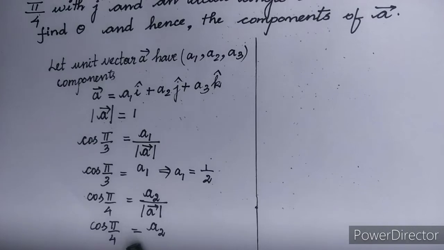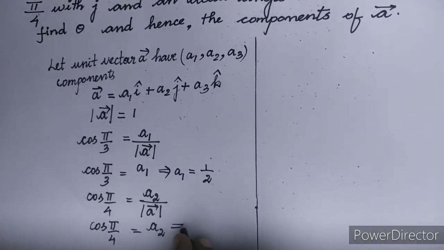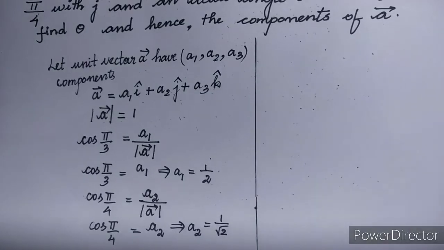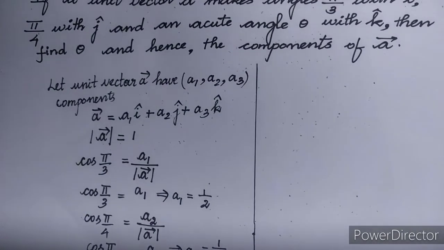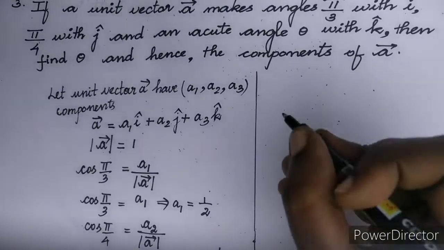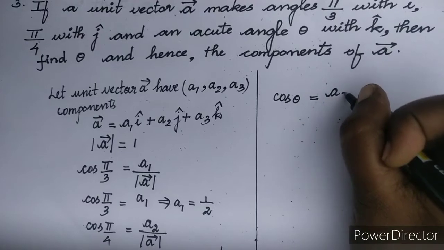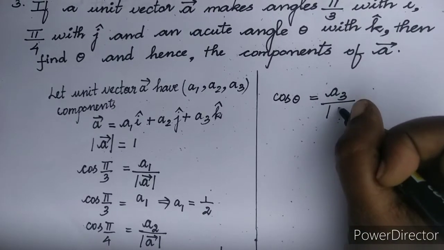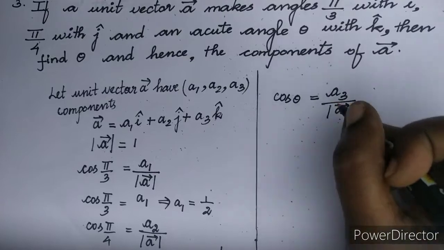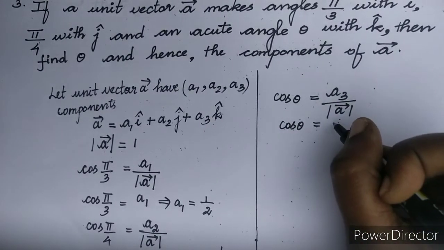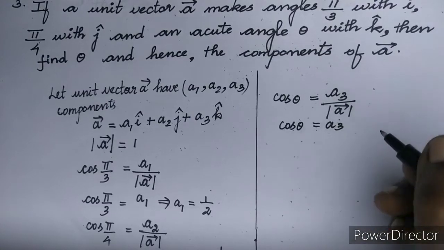Again, cos pi by 4 is 1 by root 2. So, A2 will be equal to 1 by root 2. And next, it makes an acute angle theta with k cap. So, cos theta will be equal to A3 divided by magnitude of A vector. So, cos theta is equal to A3 divided by 1, which is A3.